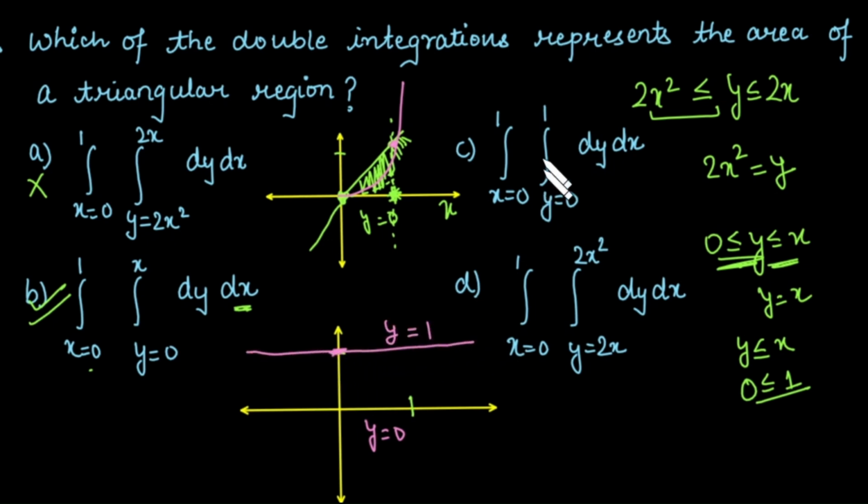X is equal to 0, that is y axis, and x is equal to 1 is again a straight line. तो bounded region इसमें ये है. So this is not a triangle, it is a rectangle. So that's why option C is discarded. So constant में हमेशा lines आती हैं. Similarly, you can observe D is also discarded because ये भी parabola बनेगा, but the reason will be different.